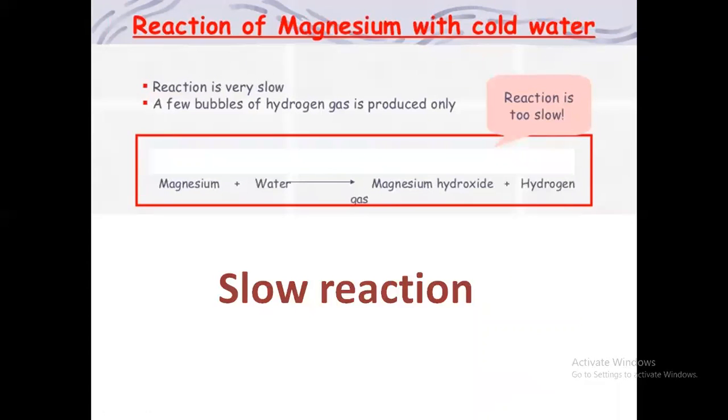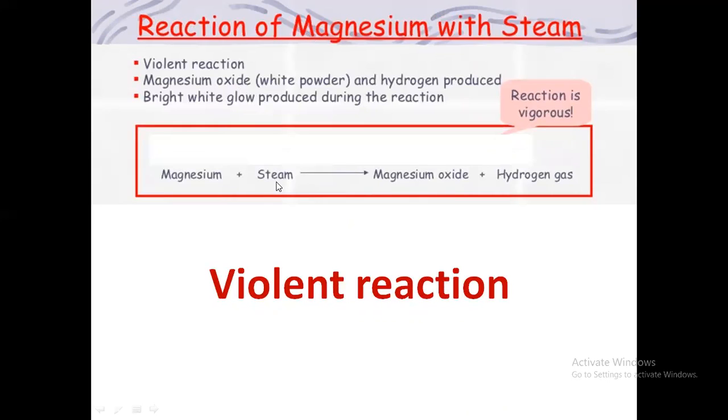Basically, magnesium burns in steam, right? And produces magnesium oxide and hydrogen gas. So this reaction is vigorous. Vigorous means violent reaction. The reaction of magnesium with cold water is slow. The reaction of magnesium with steam is a violent reaction, right?